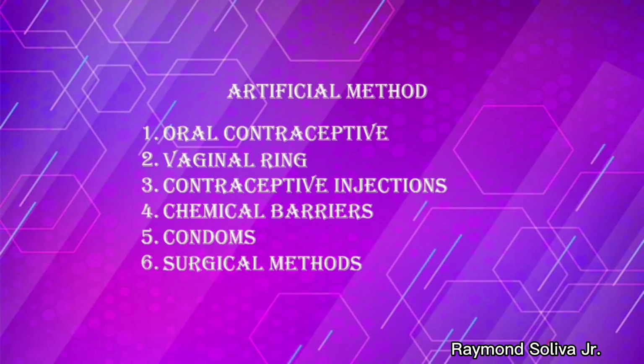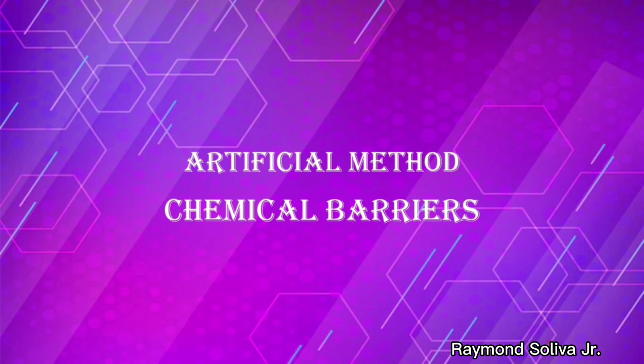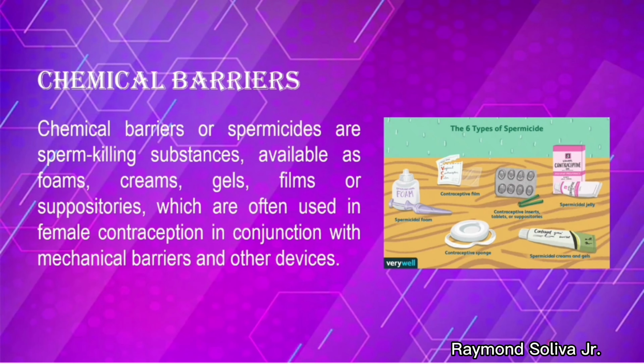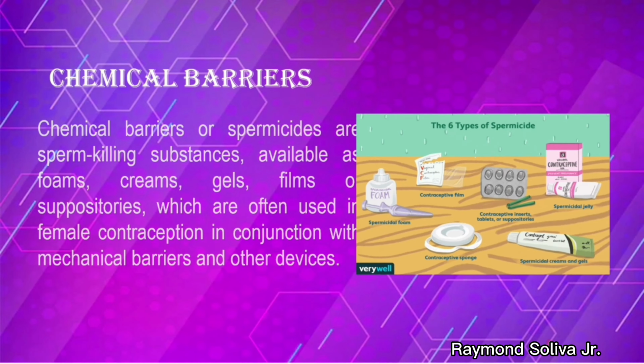Next, artificial method is chemical barriers. Chemical barriers or spermicides are sperm-killing substances available as foams, creams, gels, films, or suppositories which are often used in female contraception in conjunction with mechanical barriers and other devices.